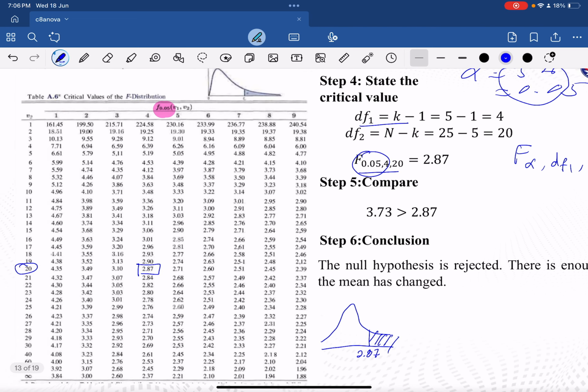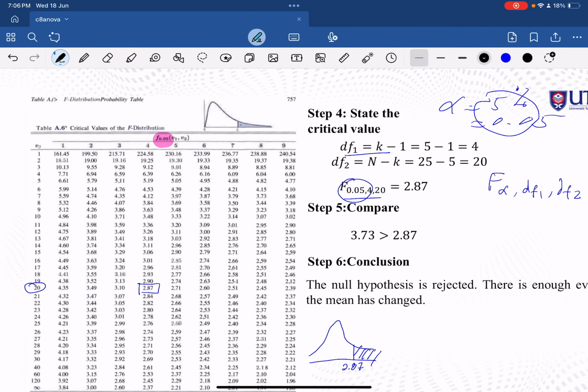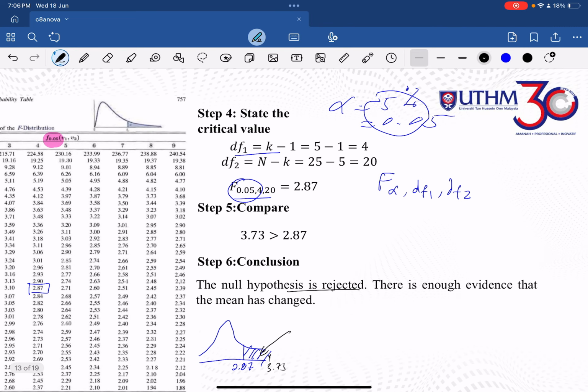Since our F from step 3 is 3.73, it lies in the rejection region. So we conclude that the null hypothesis is rejected, and we can say that there is enough evidence that the mean has changed.